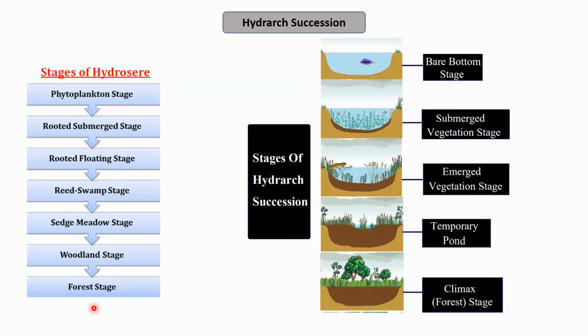And then finally we have the climax forest stage. So we see that even in the hydrarch succession, the ultimate result is the forest stage, where the climax community is represented by the forest.